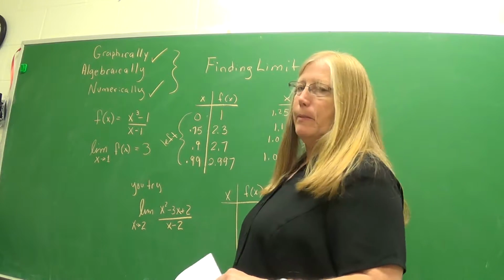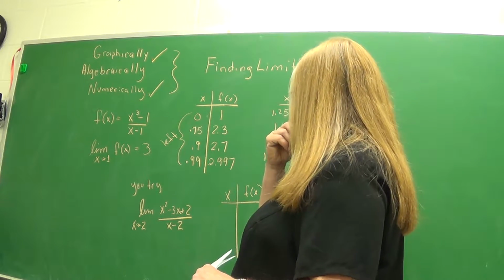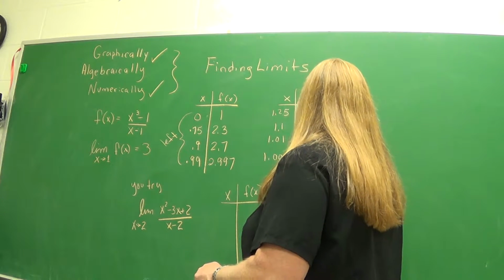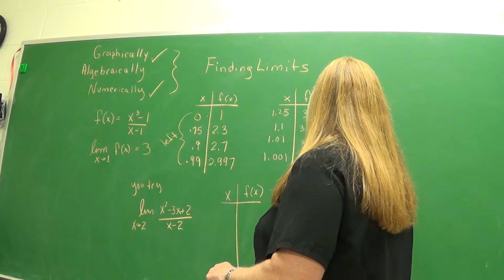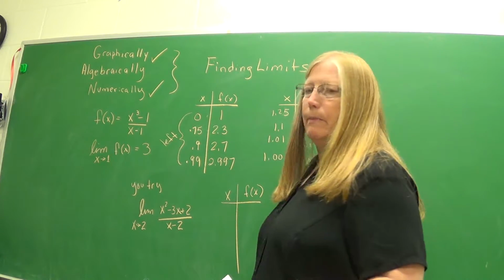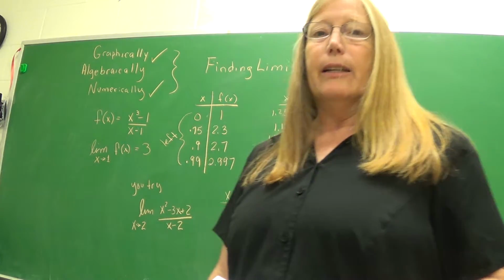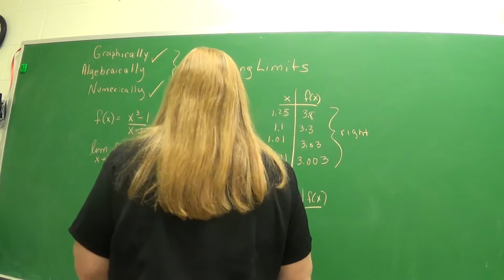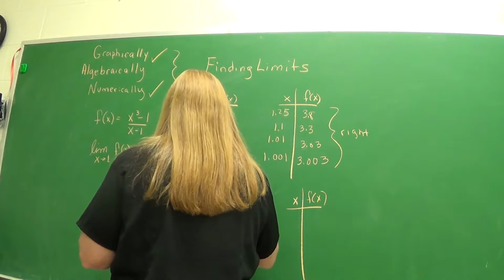Four will probably be a good number of values to put on your chart. Go from the left and from the right. So you can turn it off. I'm going to put in my results now and see when you turn it back on if they match.